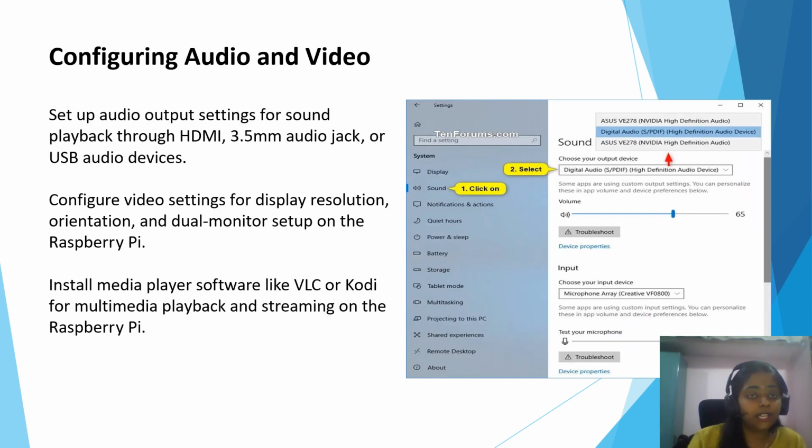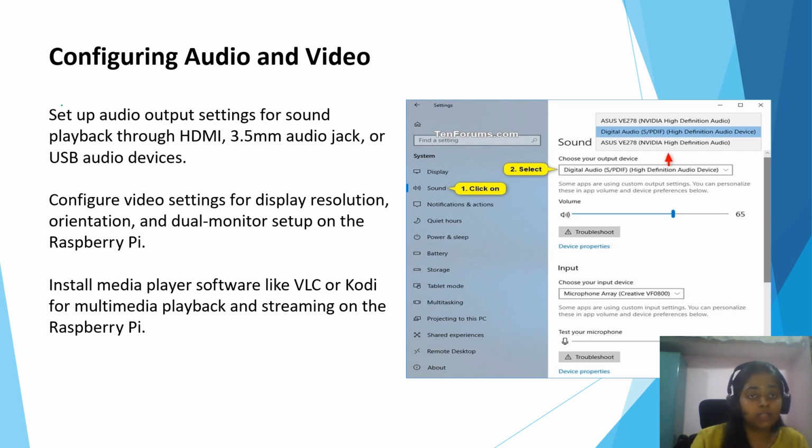So, next slide would be configuring audio and video. So set up audio output settings for sound playback through HDMI, 3.5 mm audio jack or USB audio devices. Configure video settings for display resolution, orientation, and dual monitor setup on the Raspberry Pi.